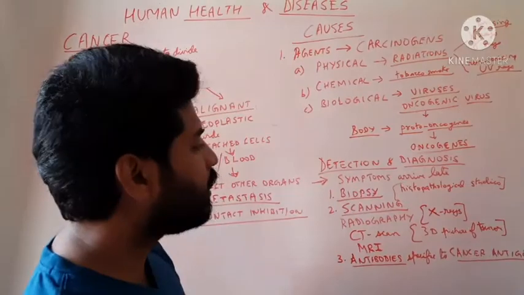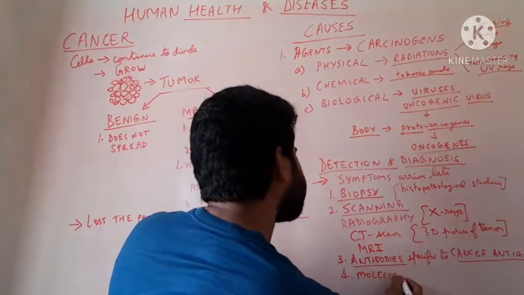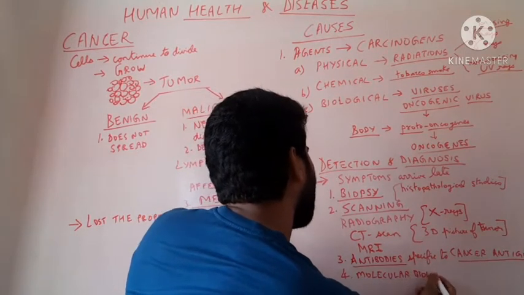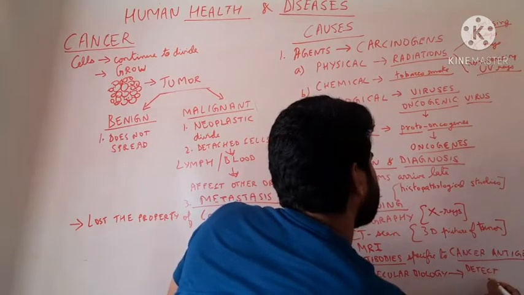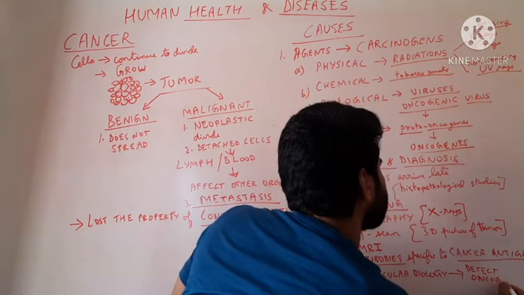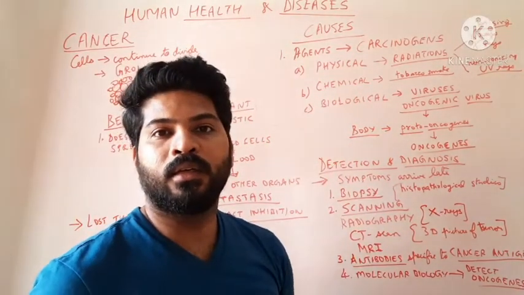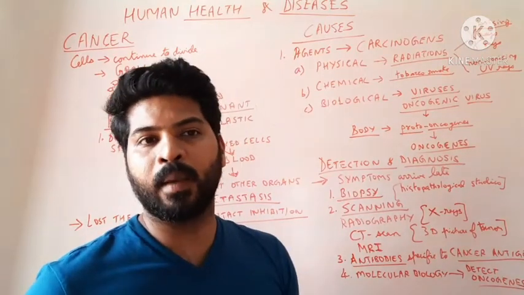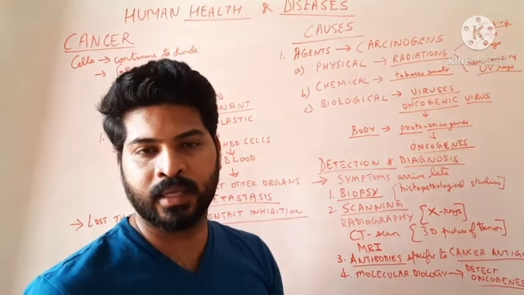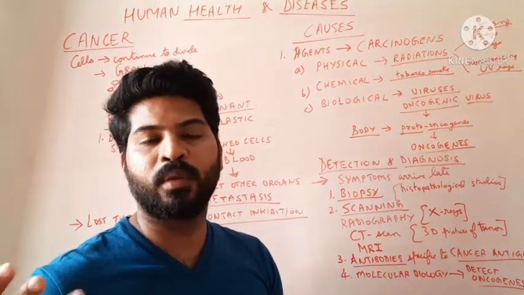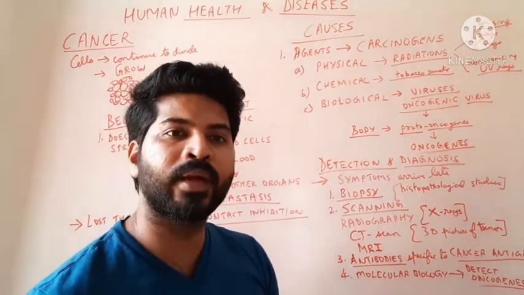So antibodies can be used, and certain techniques of molecular biology can also be used to detect the oncogenes. So a genetic mapping can be done, which is very inexpensive these days. A genetic mapping of the entire human body would cost somewhere between 30 to 40,000 rupees, provided by different companies.